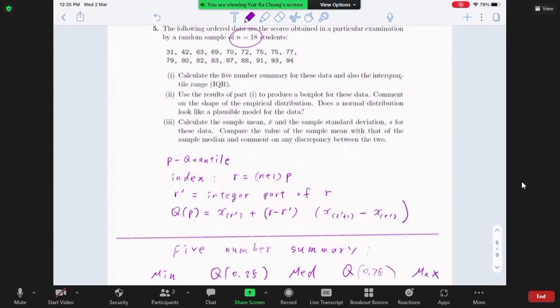Suppose you have the data sorted, then R is the number and rank. So if R is equal to 1, that is the first one, or if R is equal to 2, that is the second.